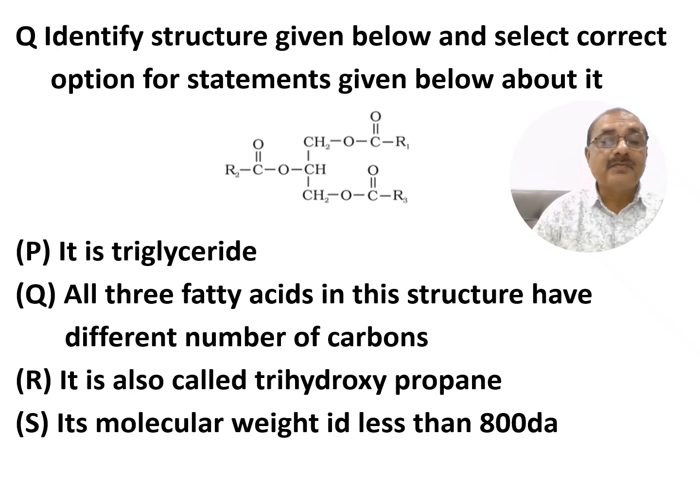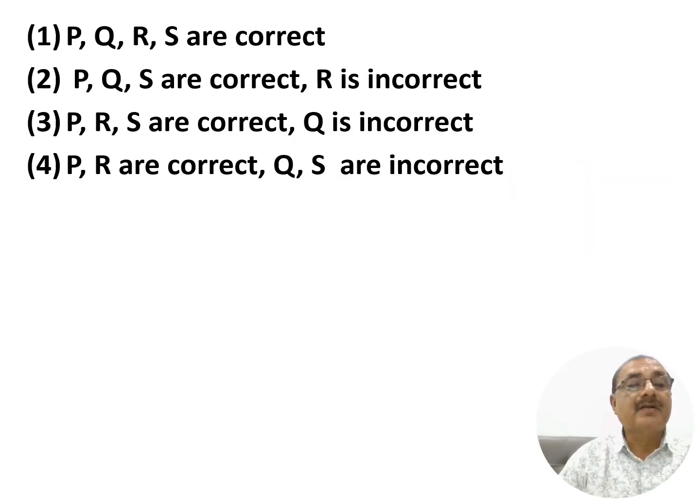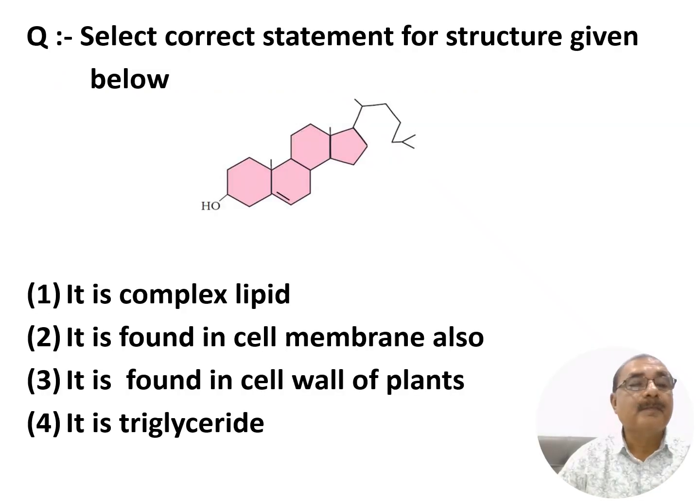But it is found from the acid insoluble fraction. So here P, Q, S are correct. So here the answer is 2. P, Q, S are correct. R is incorrect. Let us see one more question.